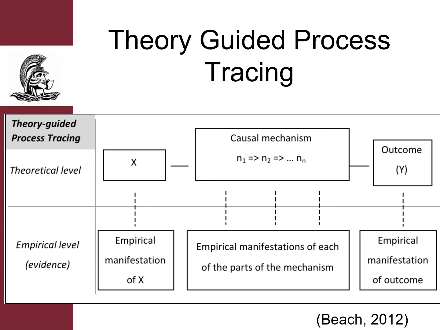What are the interlocked parts, and how does this thing function? I always talk about theories giving you a schematic of the world, telling you the important causally linked parts that produce an outcome. And that's what this causal mechanism is talking about.